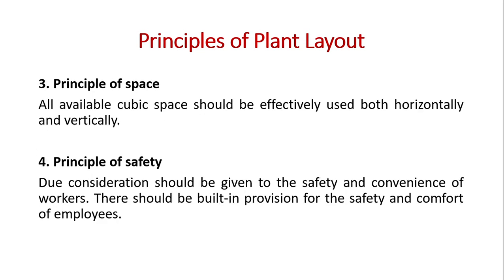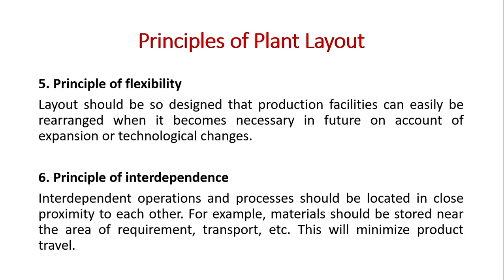Third principle is principle of space. All available cubic space should be effectively used both horizontally and vertically. Principle of safety. Due consideration should be given to the safety and convenience of workers. Principle of flexibility. Layout should be designed so that production facilities can easily be rearranged when it becomes necessary. Principle of interdependence.